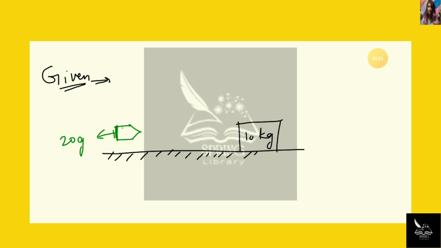Now in the question it is saying that this bullet is going with the initial speed of 500 meter per second in this direction, and then it collides with this block which is initially at rest.